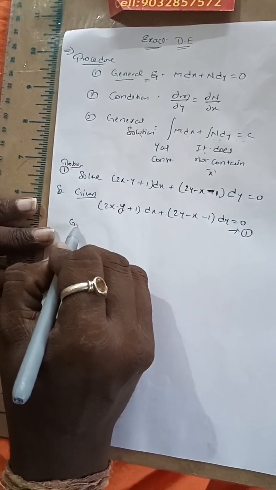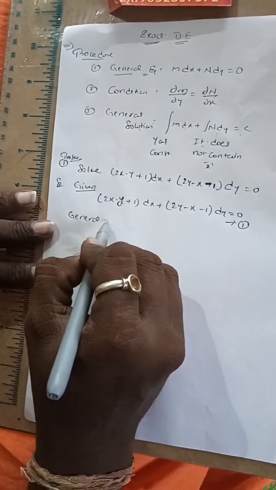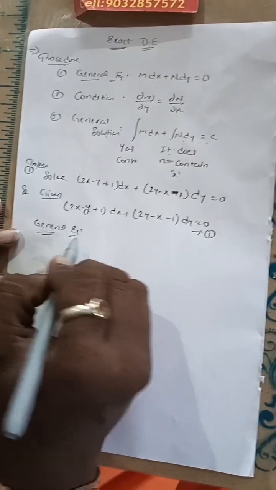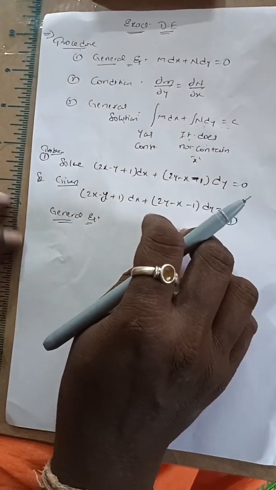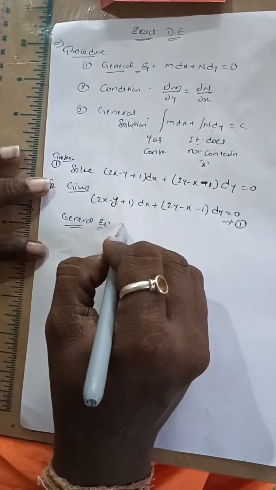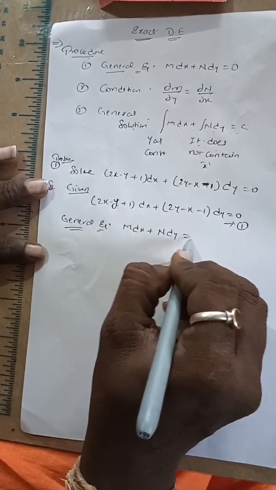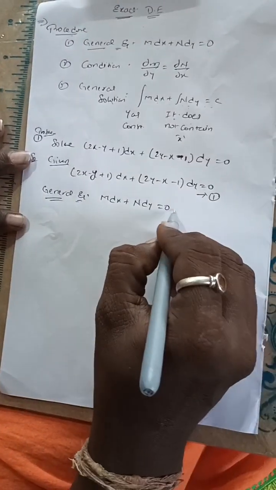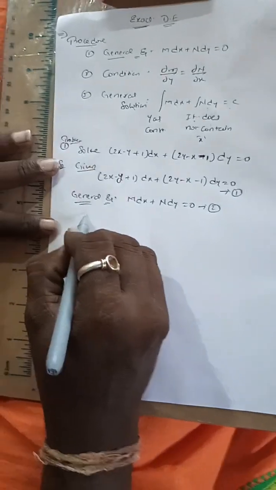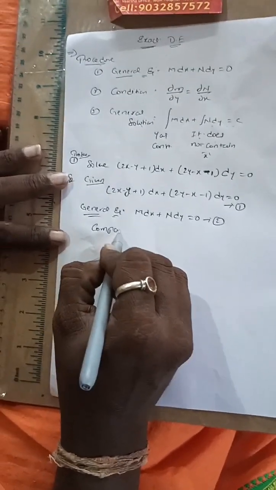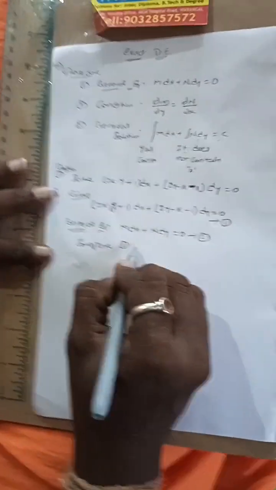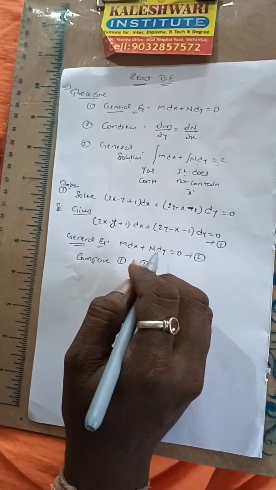Now write down our general equation: M dx plus N dy equal to 0. Assume this is equation 2. Now compare equation 1 and equation 2.